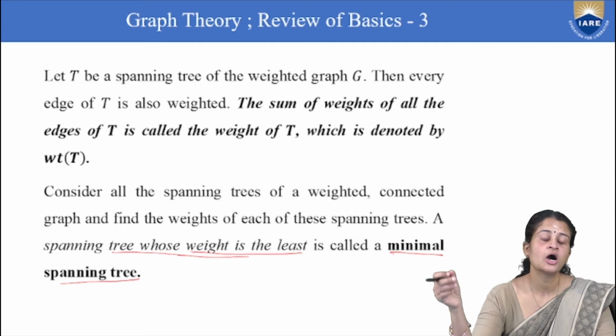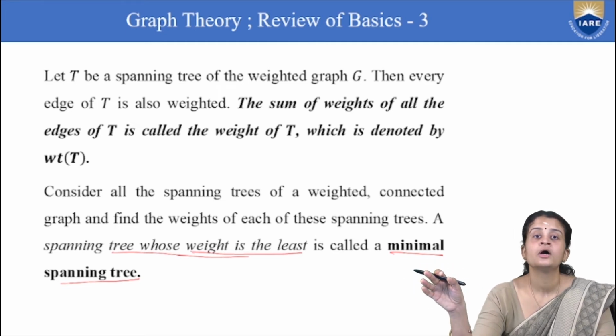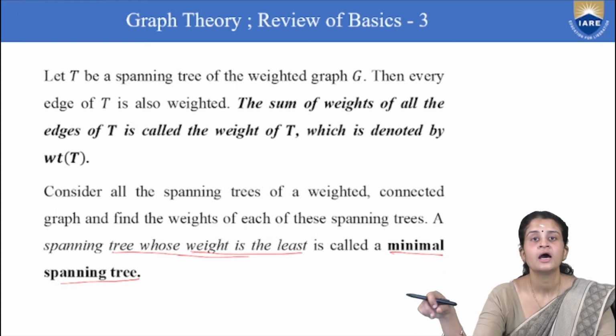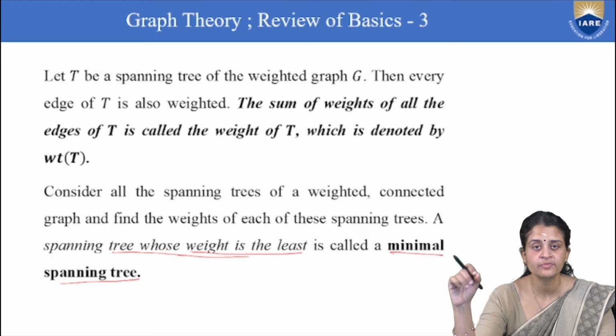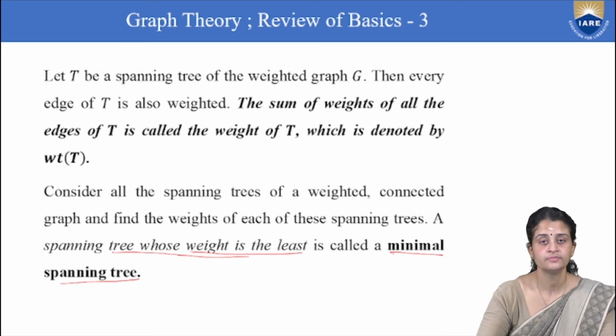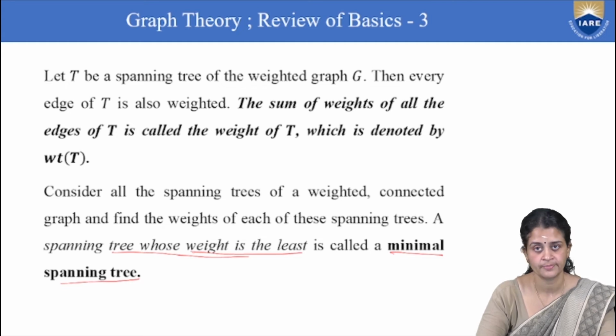We have to consider all the spanning trees of a given weighted graph, and we have to find the weight of all these spanning trees. The spanning tree whose weight is minimum is called the minimal spanning tree. The spanning tree whose weight is the least quantity is termed to be the minimal spanning tree.